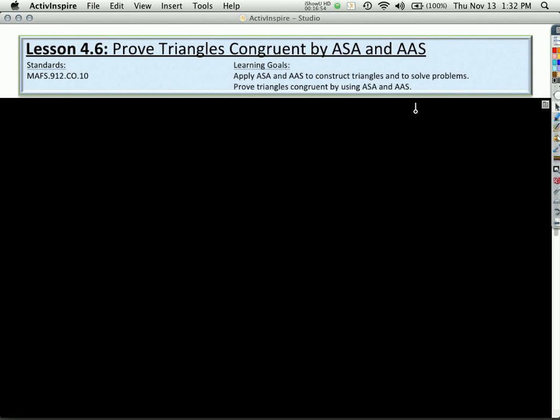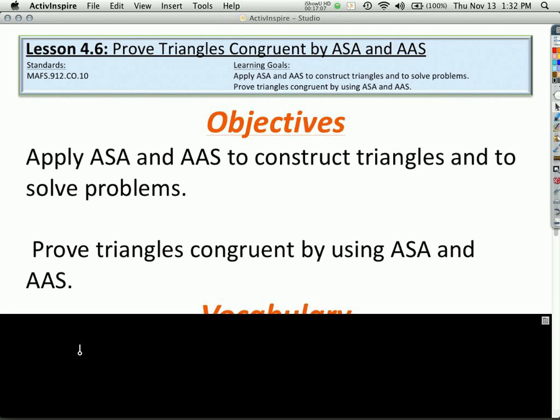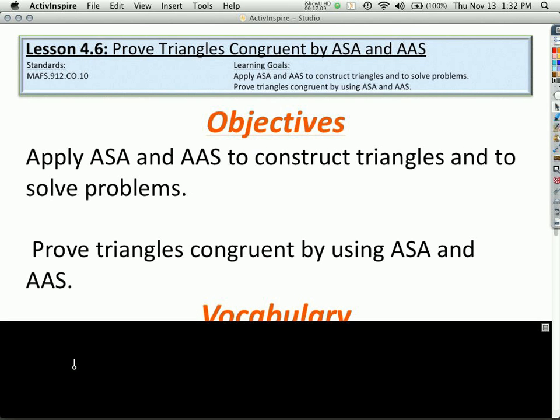So you can see the title of today's lesson, Prove Triangles Congruent by ASA and AAS. You could guess what those meant, because you already know what S stands for and you already know what A stands for. So our objectives for today are to be able to apply angle, side, angle, and angle, angle, side, and to prove triangles congruent using them.